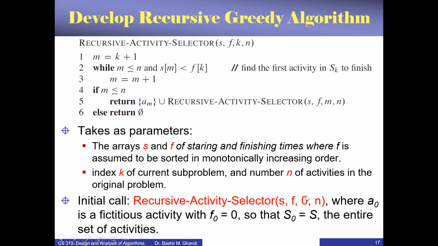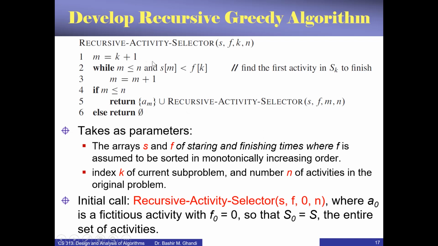Here K means the index of the current activity, where we're going to assume the current activity starts at 0. Of course, we know there is no such activity 0; activities start from 1. But that allows us to say the remainder of the problem is the entire original problem S. So S naught is going to be S. Good.